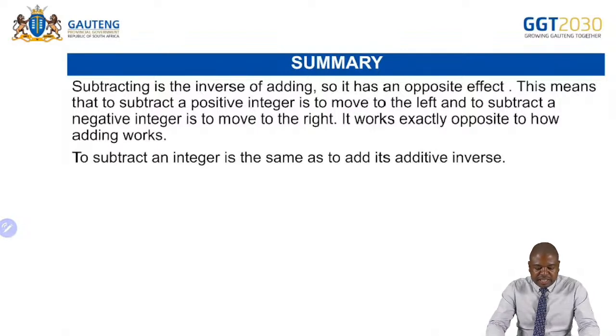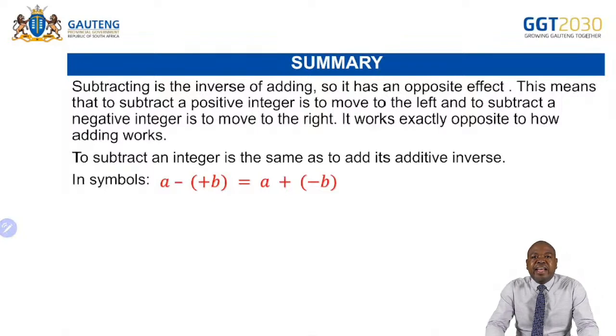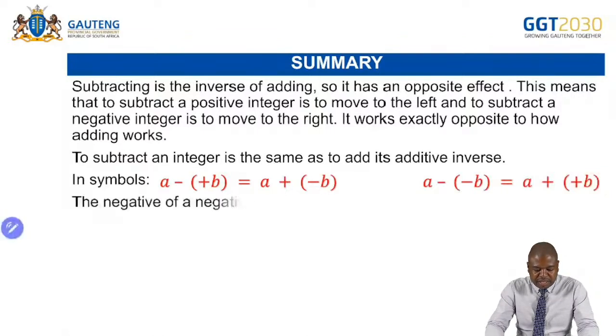And then to subtract an integer is the same as to add its additive inverse. In symbols, we represented it as a minus positive b is equal to a plus negative b. Then if you are subtracting a negative, a minus negative b is equal to a plus positive b.